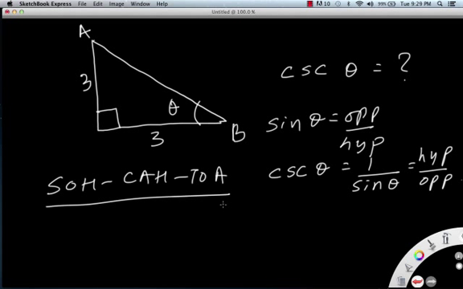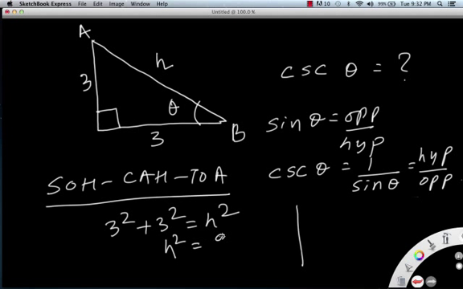If you look at this example, we do not know the length of the hypotenuse, but from Pythagoras theorem we know that the sum of the squares of the lengths of the sides is equal to the square of the length of the hypotenuse. So 3 square plus 3 square is equal to h square. That is h square is equal to 9 plus 9, which is 18.